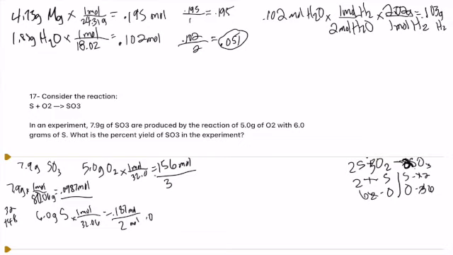Hopefully you're doing the math as well. 0.094 on the sulfur. And obviously we're going to have a much smaller number for the O2, 0.052. And so we are going to run out of oxygen first.